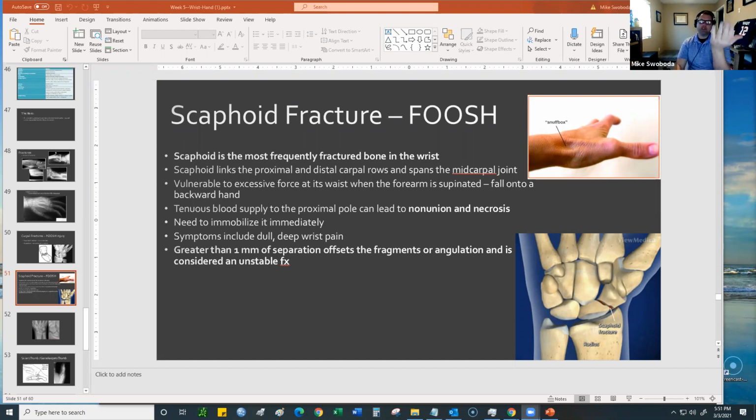It would be if you fall down with your wrist supinated, but then you fell into flexion. So you would essentially need to hit the ground kind of like this. And either side really of the wrist is most susceptible to that.